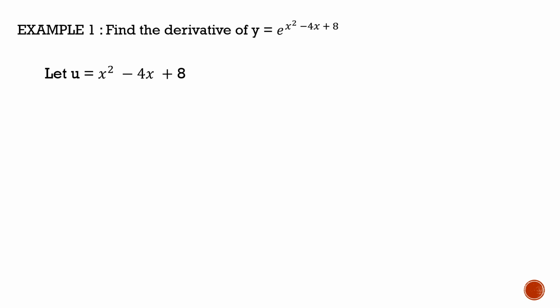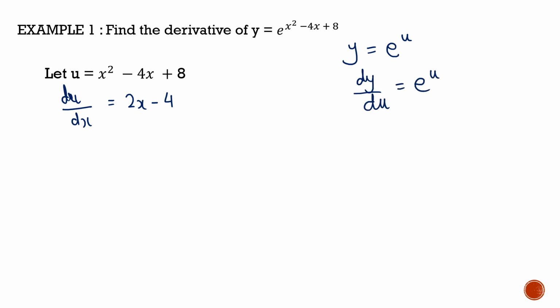And then we are going to derive u with respect to x. So when I derive that, that's going to give me 2x take 4. Now what happens to my original function y? That becomes e to the power u. If I derive y with respect to u, I get e to the power u.